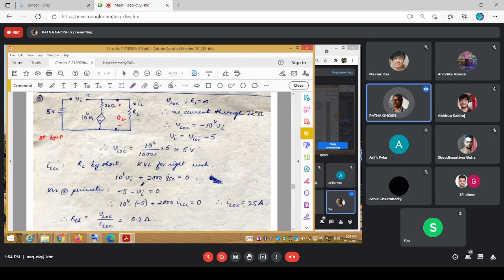Further on, we write the KVL across the perimeter. If you write the KVL across the perimeter, you've got -5 minus VI. And because it's shorted, this VL is equal to 0. So -5 minus VI is equal to 0.